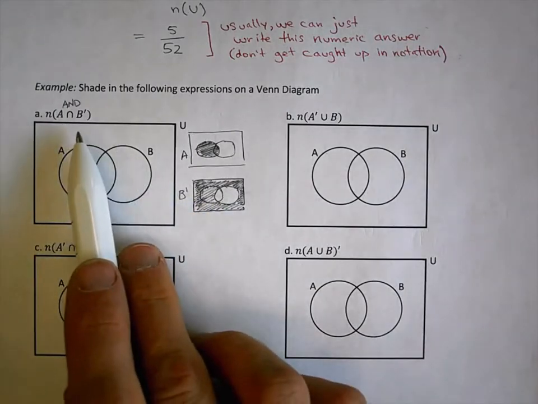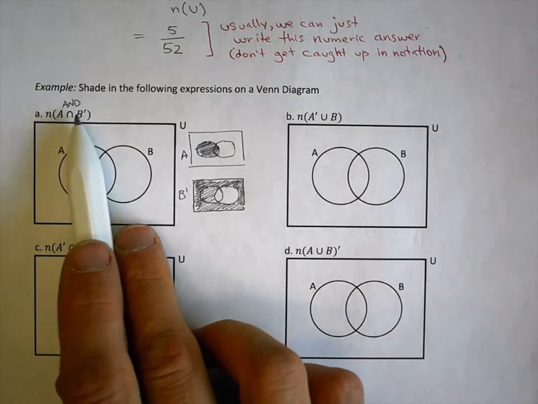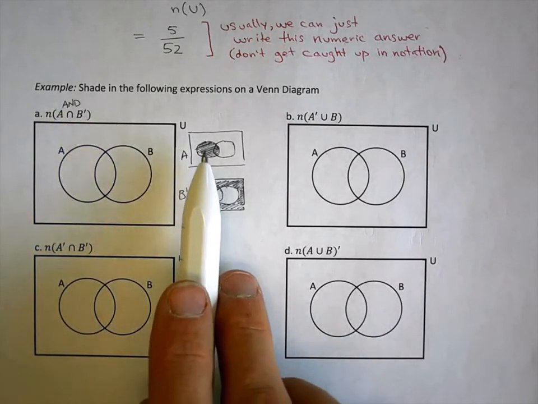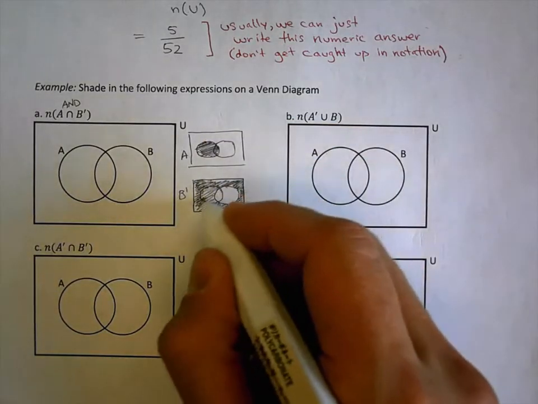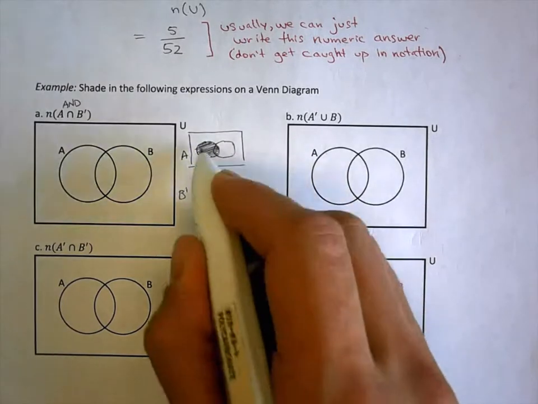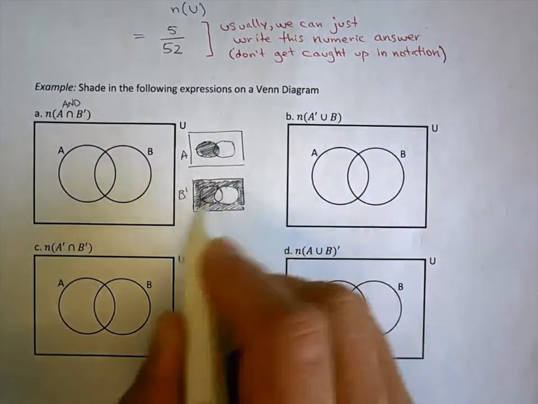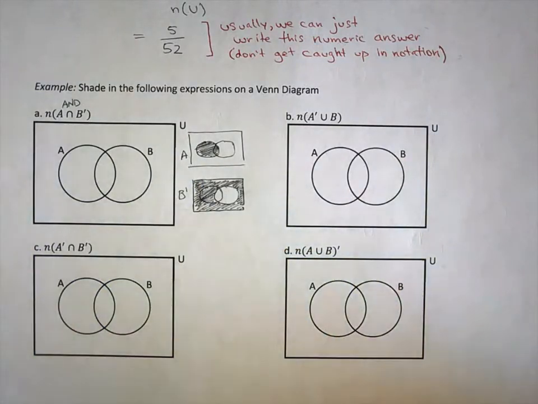And I want to shade where those overlap, the intersection. So where does this overlap with this? Imagine I had those old overhead projector pages. I have this page with an area colored in, and I have this page with an area colored in. When I hold them up to the light on top of each other, what area is colored in for both?